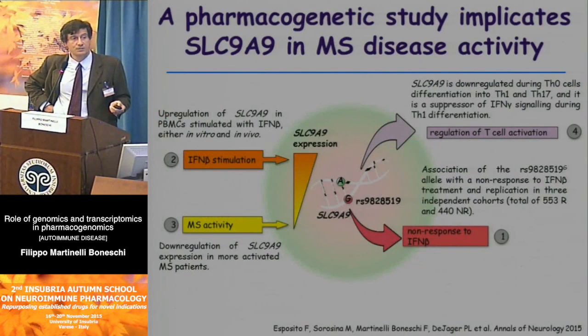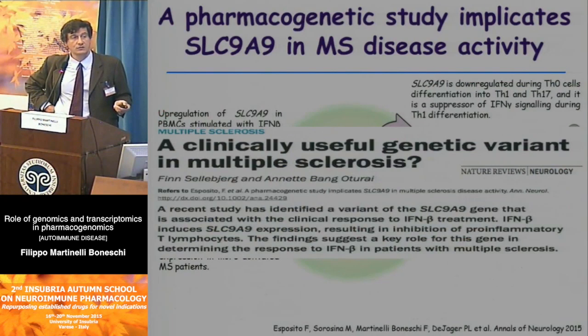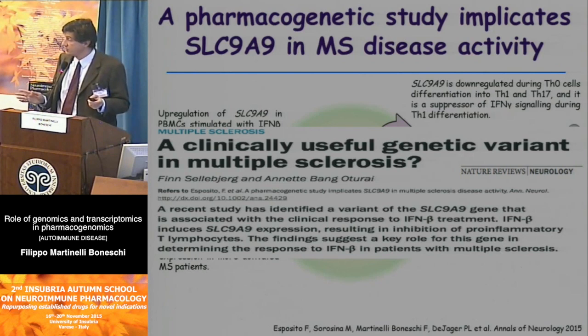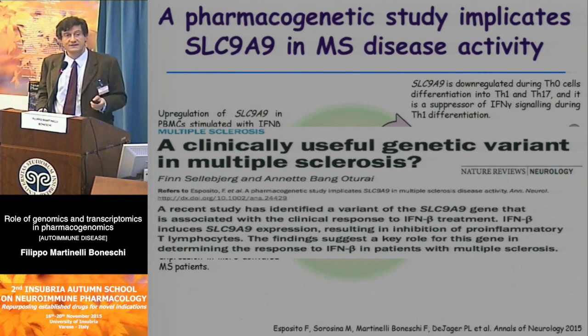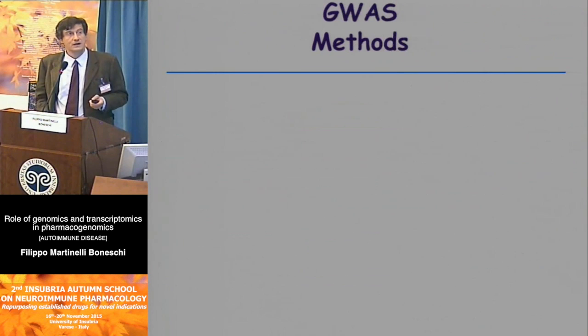The paper was published in Annals of Neurology, and there was a very nice editorial on that. I don't want to promote my research, but I'm describing it today because I think it's a good example of a pharmacogenomic study which was, let's say, successful.